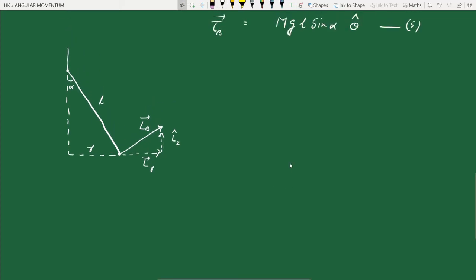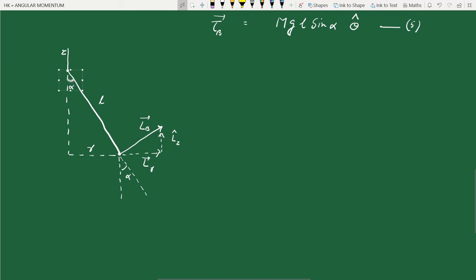So how do we resolve this? Suppose I extend this direction like this. Then if this is the vertical, it's clear that this angle is alpha, the angle made by the rod with the vertical.